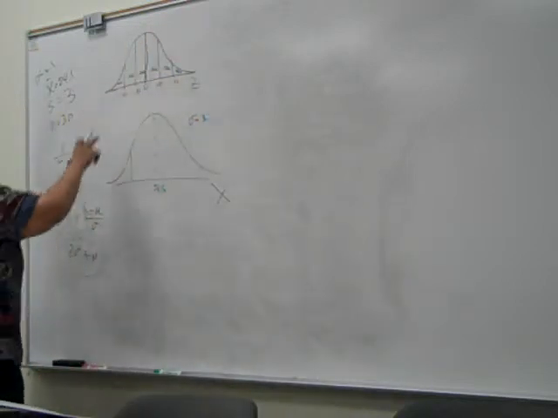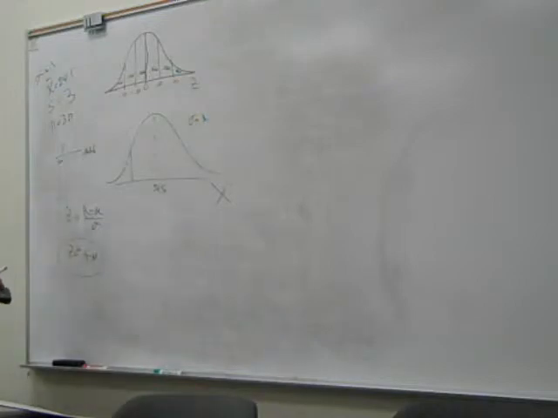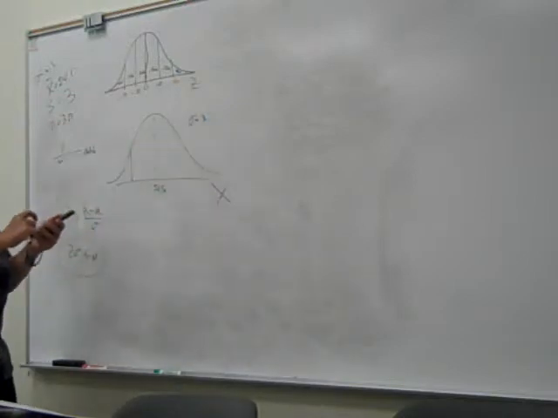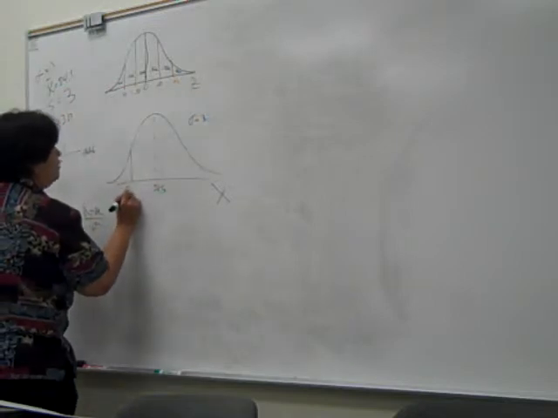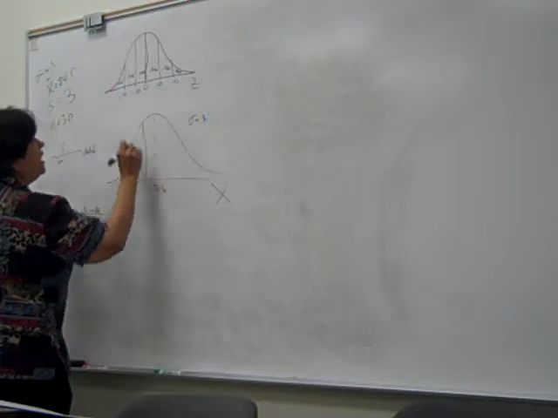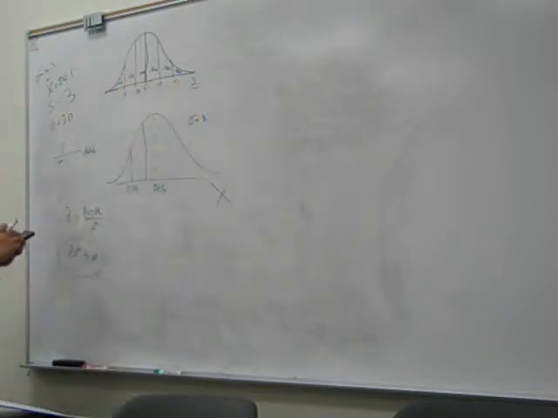So what is this negative 0.97? Okay, negative 0.97 times the sigma 3 plus the mean 24.5, and this is 21.59. Okay, what is this negative 0.43? Exactly the same thing.